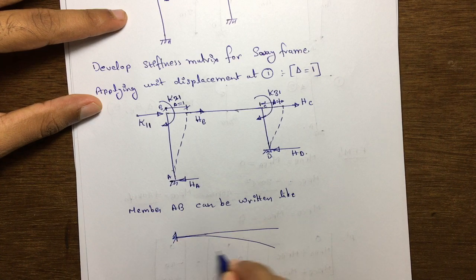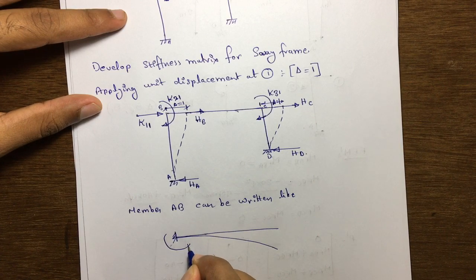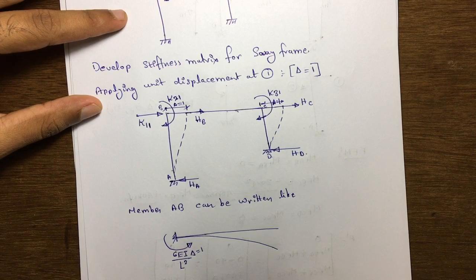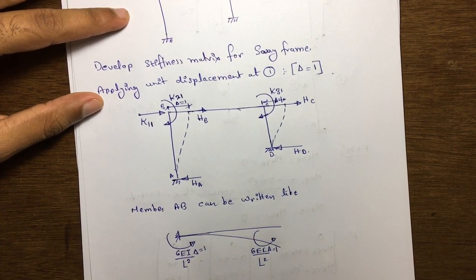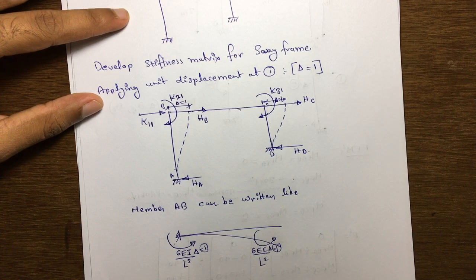Because of this deflection, here one anti-clockwise moment is going to develop, that is 6EI by L square, that is 6EI delta by L square, but this delta is nothing but 1. At the same time, here one moment is going to develop because of this deflection, 6EI delta by L square, where delta is equal to 1.